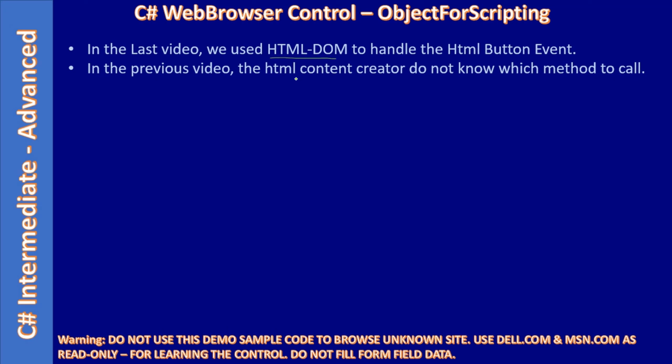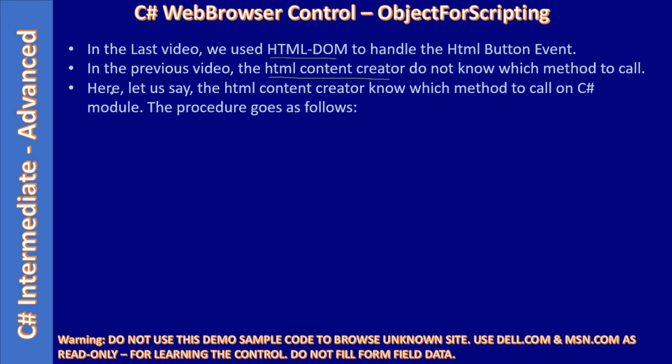In the previous video, the HTML content creator did not know which method to call. So we provided that method when the document load was completed by handling the document completed event, and during that time we decided which method to hook to the HTML button.